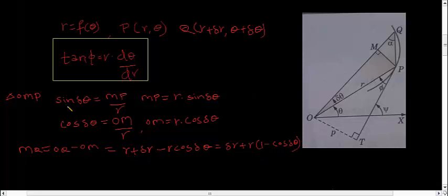We know that 1 minus cos theta can be written as 2 sine squared theta by 2. So here we can write this as delta r plus r into 2 times sine squared delta theta by 2.